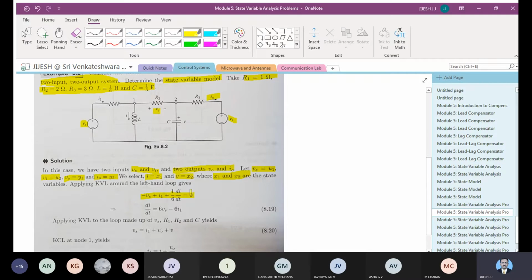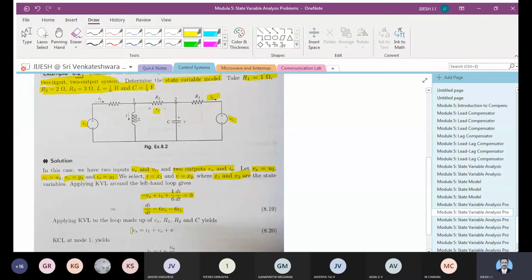Let us substitute the state variables here. We have defined the state variables as I is equal to x1 and v is equal to x2. Let me simplify that further. So di/dt is equal to 6 Vs minus 6 I1. So this is the equation.